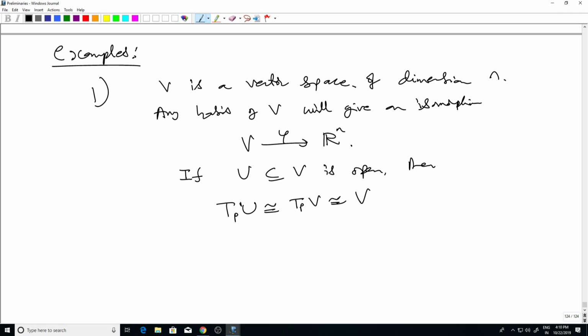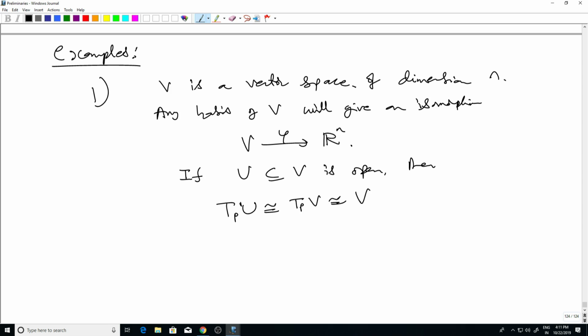The point is that one normally doesn't think of the isomorphism, even though there is one involved. So in other words, we don't distinguish between a tangent vector to U and a tangent vector to V. After all, we saw that the only difference is that a tangent vector to U will act on all C infinity functions on U, while a tangent vector to V will act on all C infinity functions defined on V, the larger set.